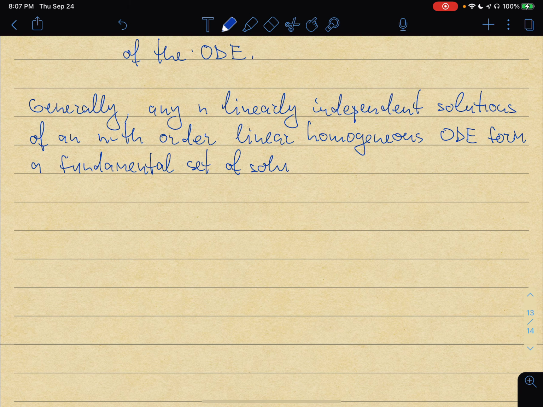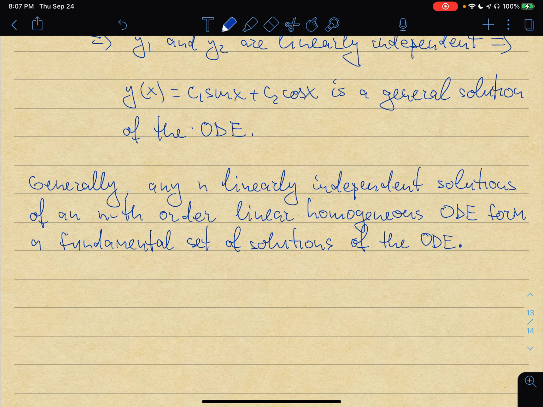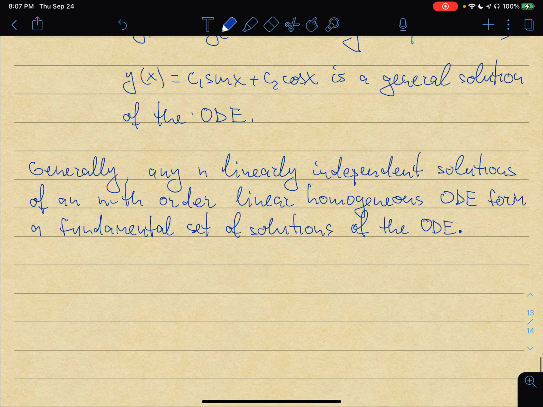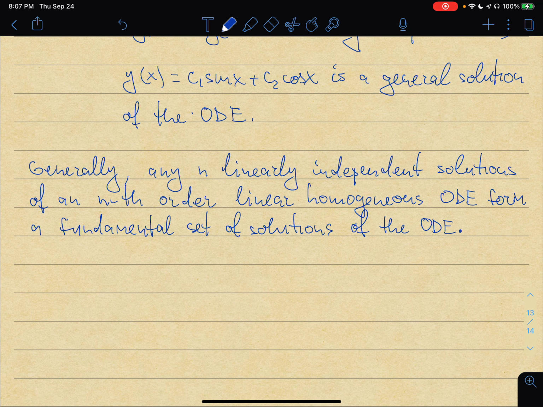Now, what is exactly fundamental about them? Just this fact that we have already been using, that out of these n linearly independent solutions, I should always be able to construct a general solution by taking a linear combination.